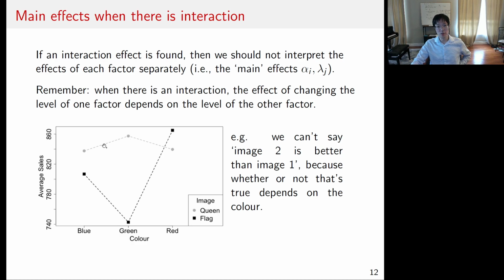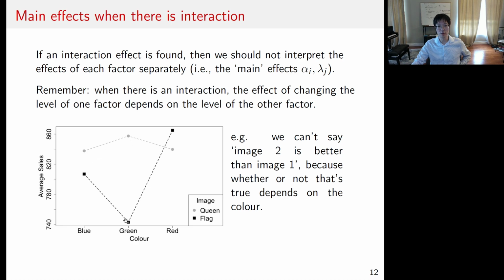Okay, so if you look at this interaction plot again, so remember the top line is the image of the queen, and so if you look at this plot, we cannot say that the queen image is always better. Okay, so we can't say image 2 is better than image 1. Okay, and why is that? Well, because whether that's true or not depends on which color was used.